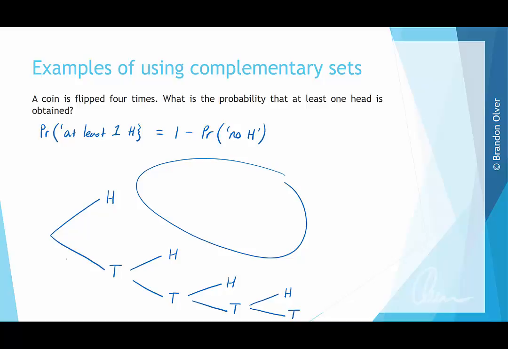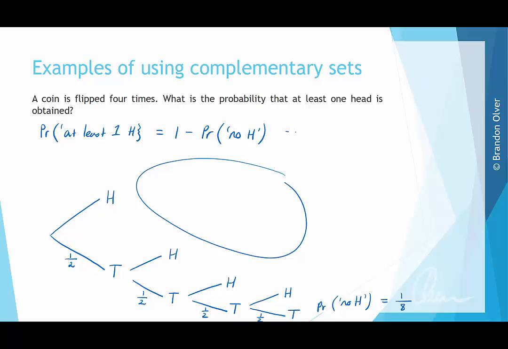Next we need to remember that flipping a coin, there's always a 50-50 chance of getting a head or a tail. So it's going to be a half here, a half here, a half here, and a half here. We multiply along our branches to get that the probability of getting no heads, or all tails, is equal to 1 over 8.